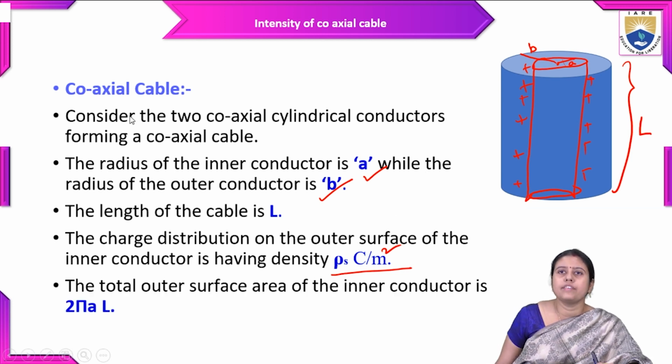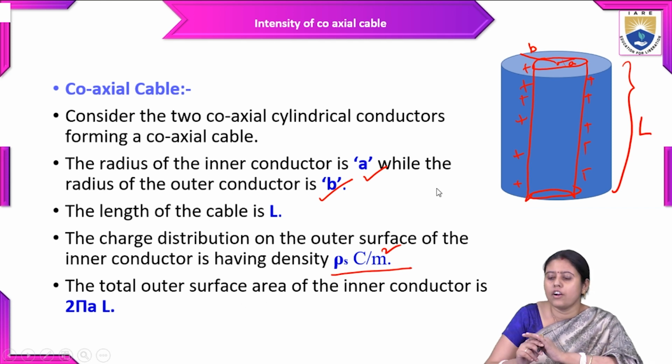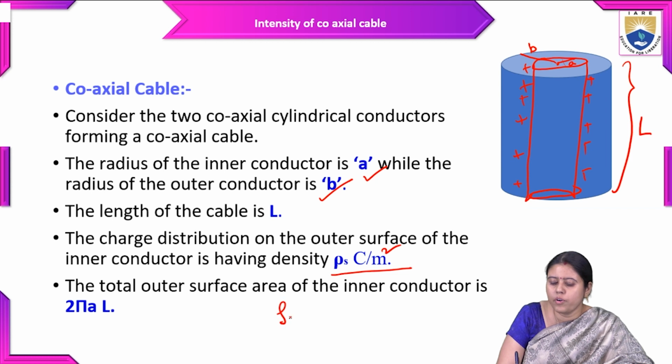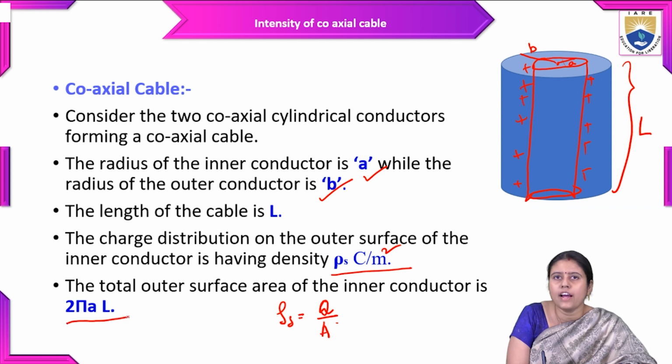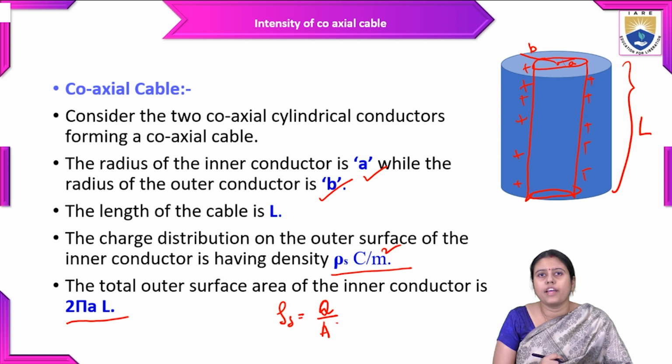The total surface area of the outer surface of the inner conductor: rho s is equal to Q by area, and the area is 2π r L, so we can write it as 2π A L.